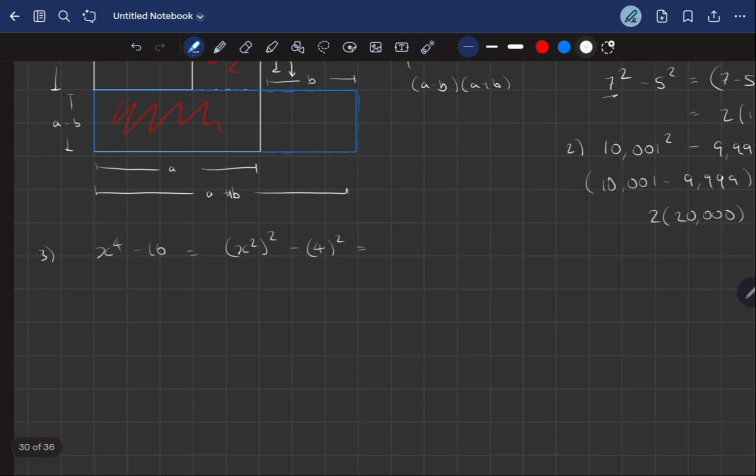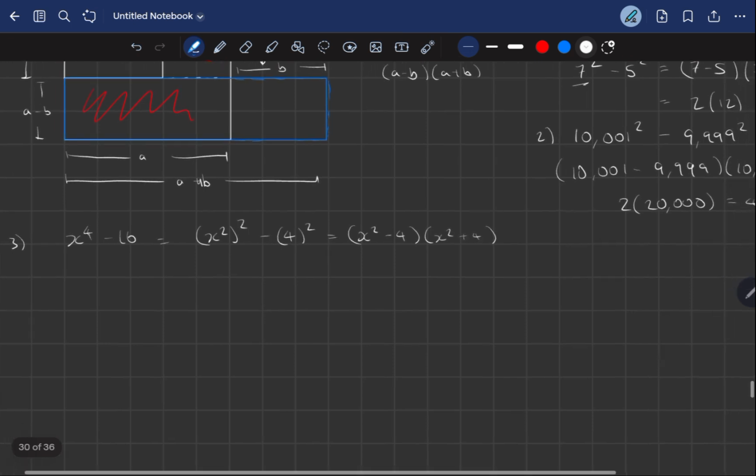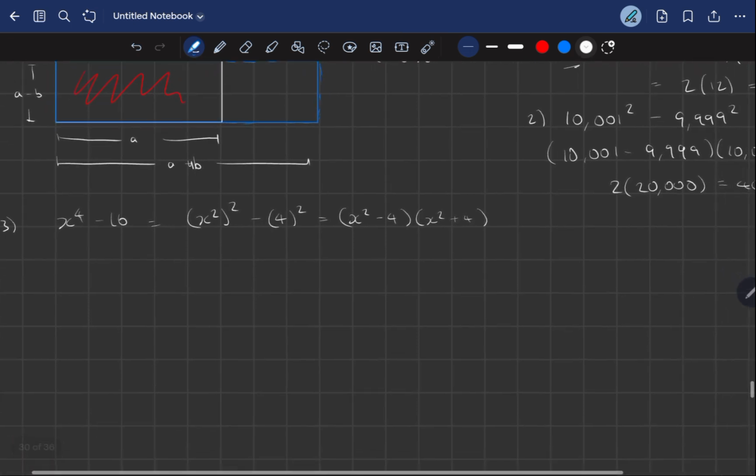Now we can write this as x squared minus 4 and x squared plus 4. Okay? But look, here again, x squared minus 4 is again a difference of two squares.